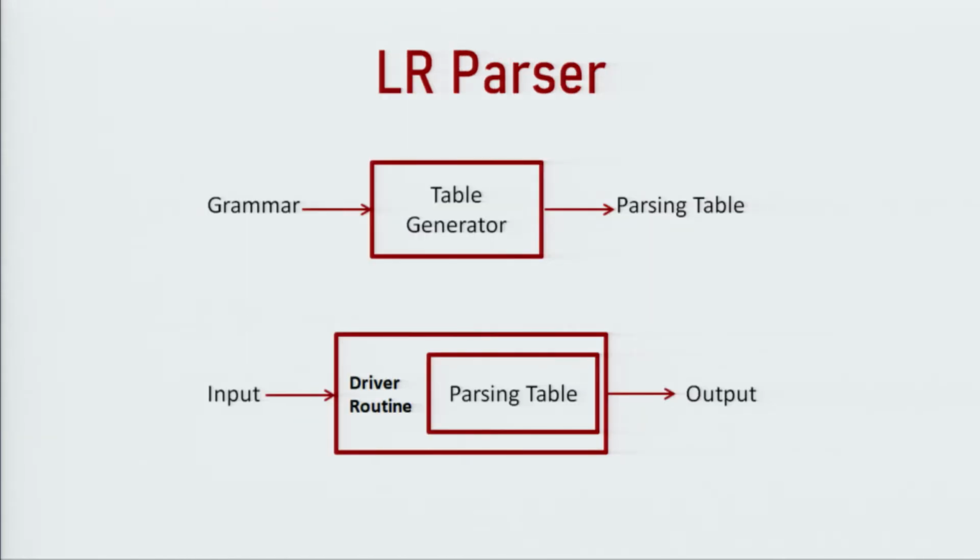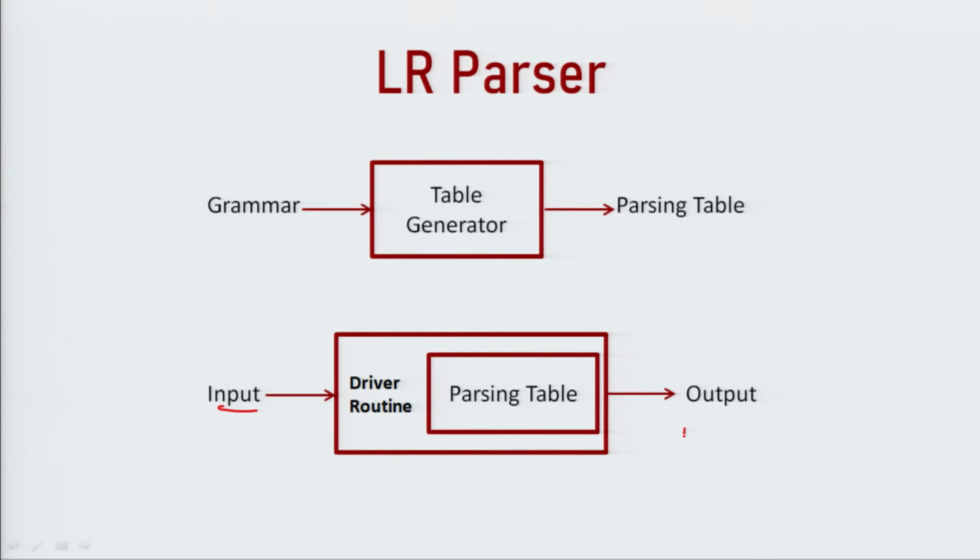Now, next is the LR parser. What the LR parser is doing: the input to the LR parser generator is a grammar, and it is a table generator, so directly from the grammar it will generate the parsing table for us, and that parsing table will be utilized by the LR program. This is the driver routine, or LR program, and we will pass the input string to the parser, and that LR program will use the LR parsing table and then produce the output.